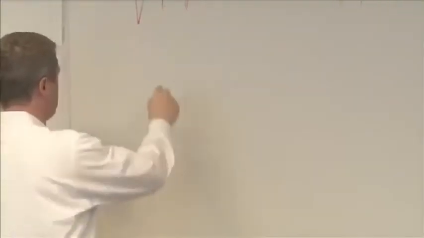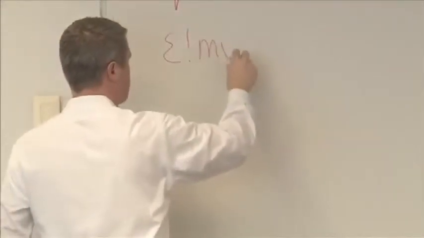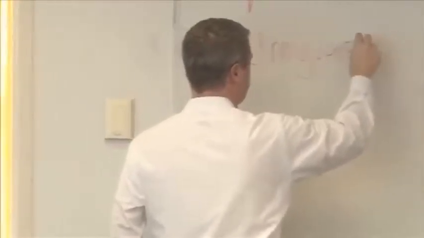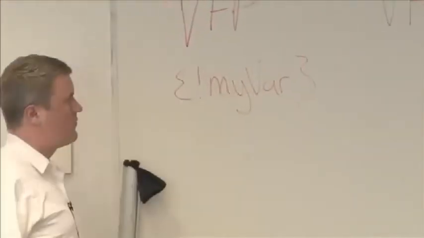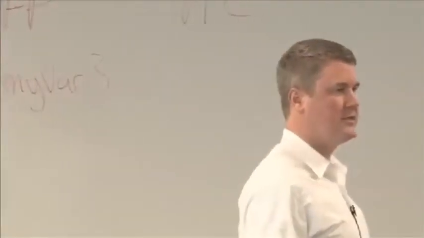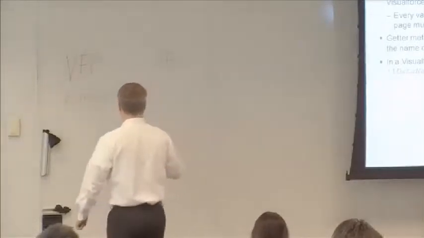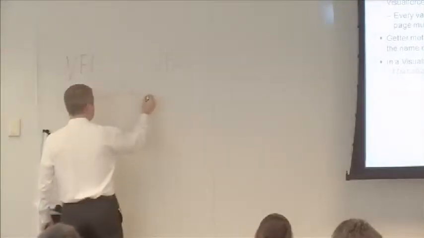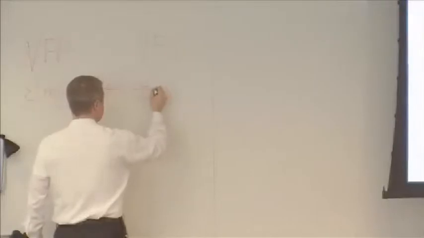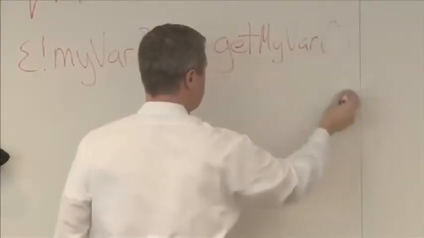If I have something like a data binding, and I'm going to call this myVar, my variable, and I want to populate that variable in my page, what I would need to have in my custom controller code is a method called getMyVar. It's a direct mapping between the name and the method name, so there's getMyVar.